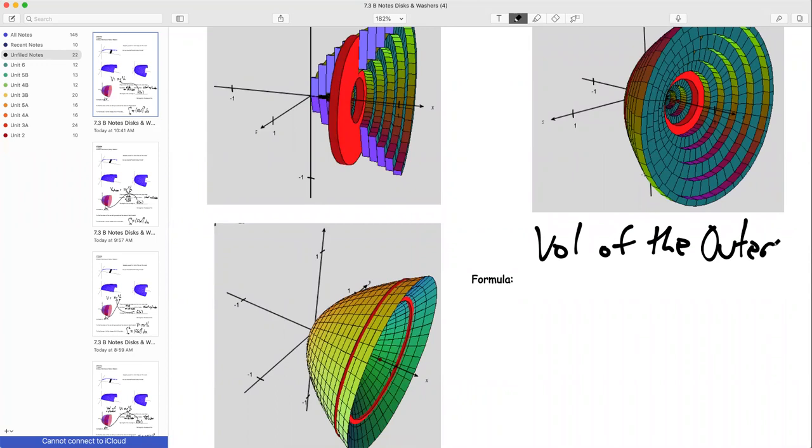Let me show you where the formula comes from. So we have the volume of the outer part, which is pi times the integral from A to B of the top equation squared.